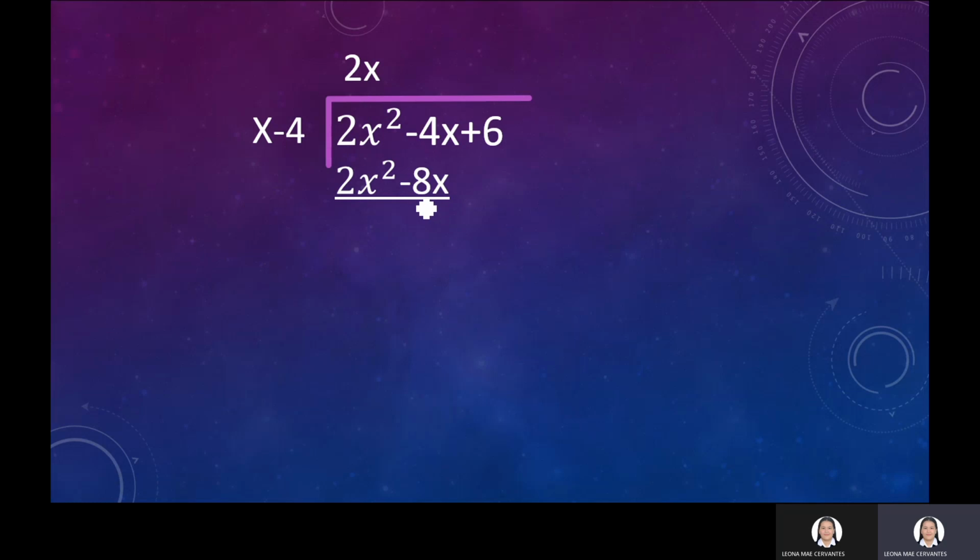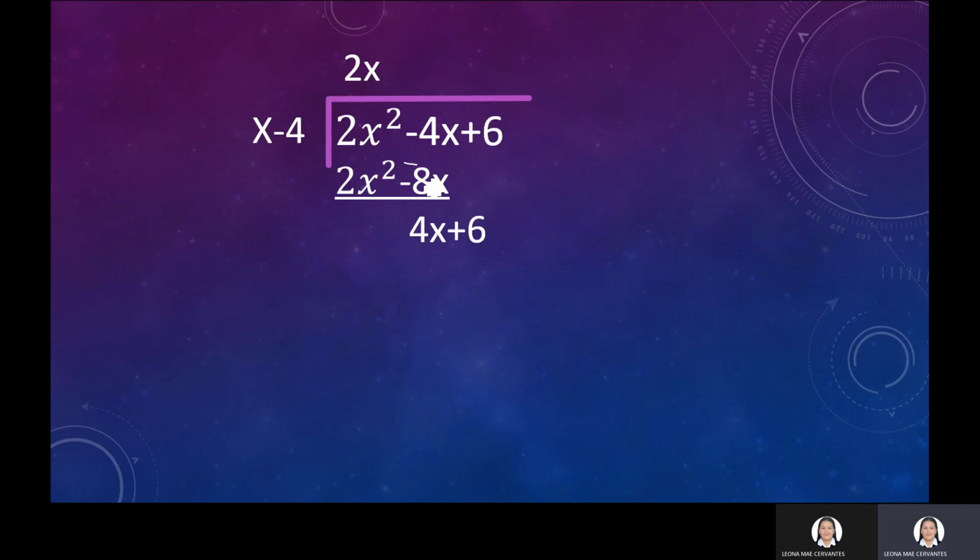Then, 2x squared minus 2x squared, 0. Negative 4x minus negative 8x, magiging addition. So, negative 4x plus positive 8x, we have 4x. Then, bring down plus 6. So, we have 4x plus 6.